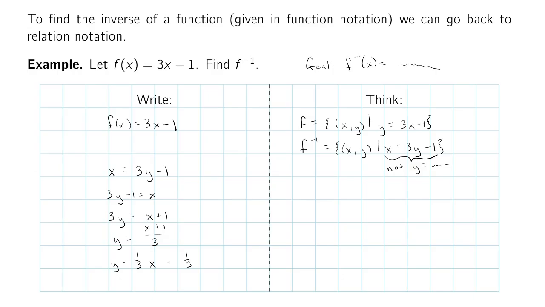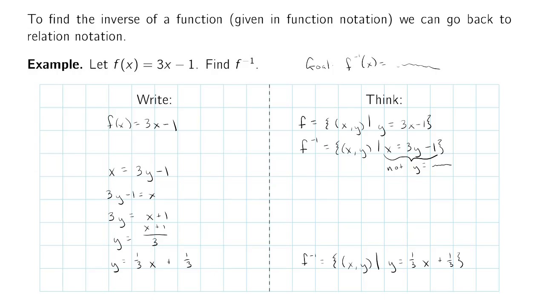So this equation now is equivalent to the equation we had for f inverse. So our relation f inverse is the set of pairs x, y, such that y is 1/3 x plus 1/3.